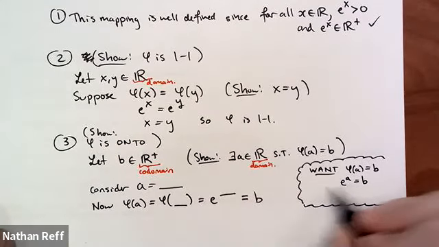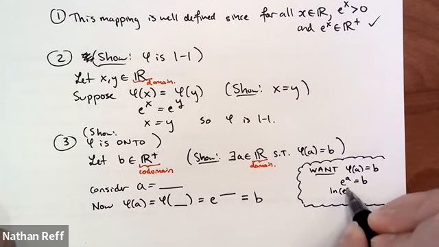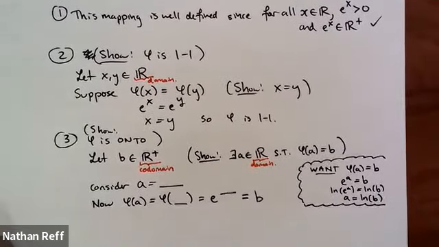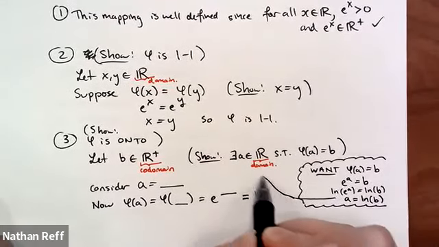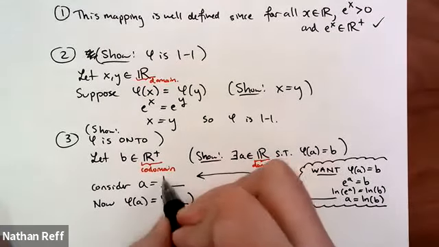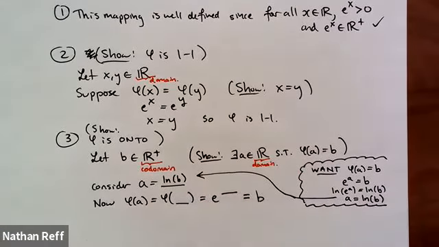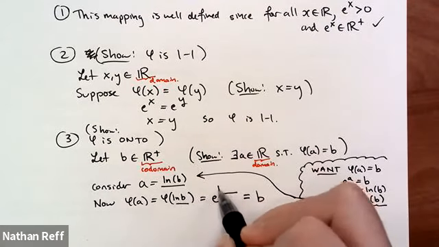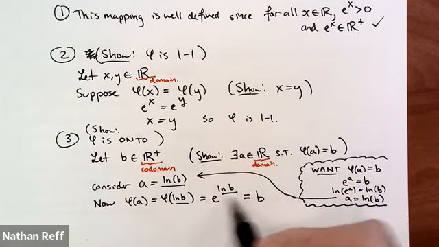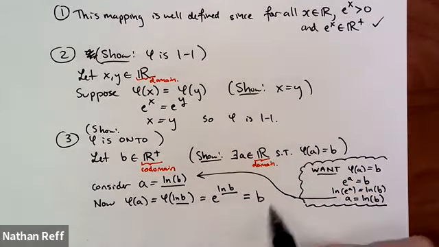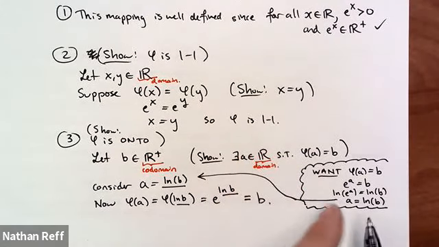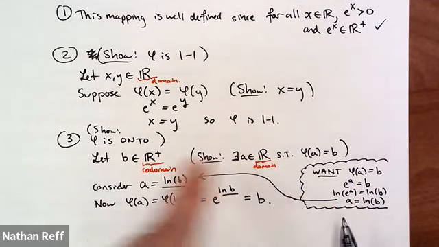So what is A? Take natural log of both sides now. And now A is ln of B. See that? And now you just say, look, I'm a genius without showing me the scrap paper. And then you just say, that's ln of B, right? And now you just figure out what the rest is. So if I put ln of B here, ln of B here, e to ln of B, they cancel because those are inverse functions. So I get B. So does everyone agree why this is scrap paper? Because you're kind of engineering what this actually has to be.